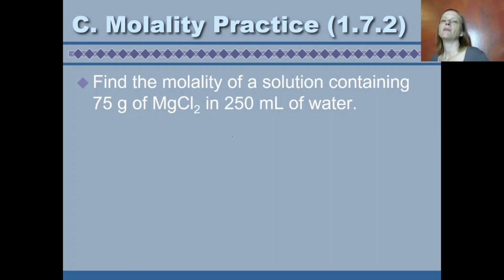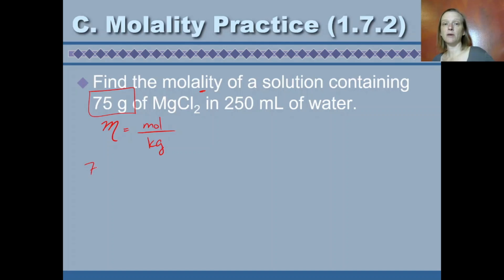So find the molality of a solution containing 75 grams of magnesium chloride and 250 milliliters of water. So here we are using the equation molality equals moles divided by kilograms of solvent, and we have 75 grams of magnesium chloride, so the first step is to find out how many moles that is, because I need moles for the equation.